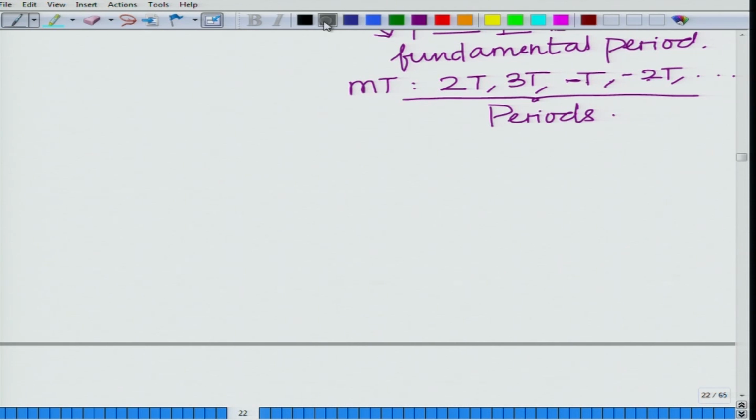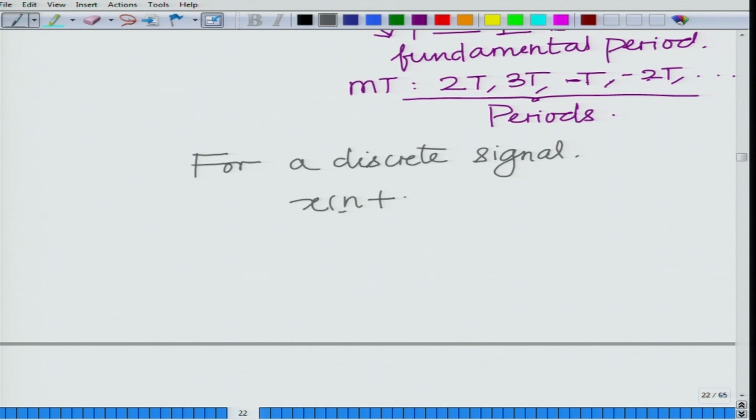Okay. Now, the same can be defined for a discrete time signal. Again, for a discrete periodic signal, we must have x of n plus N equals x of n, and this must hold for all n.